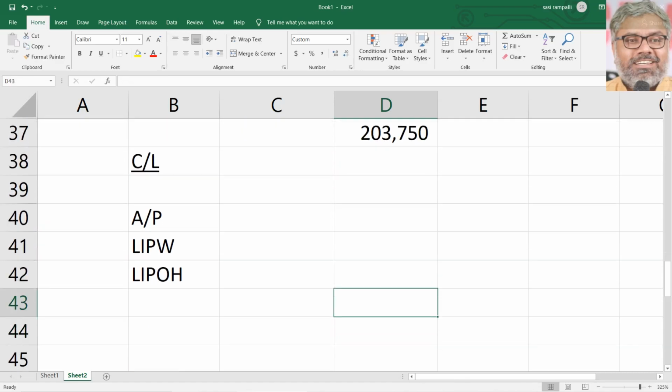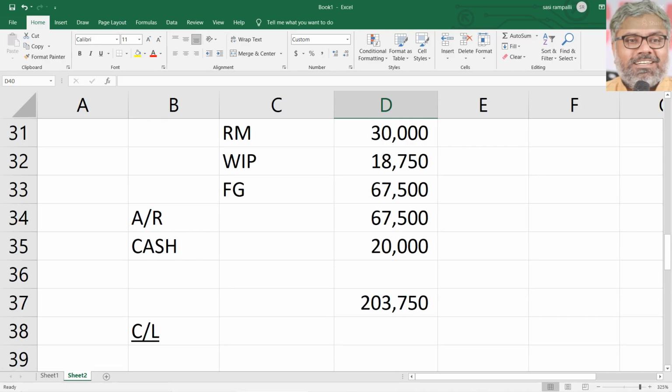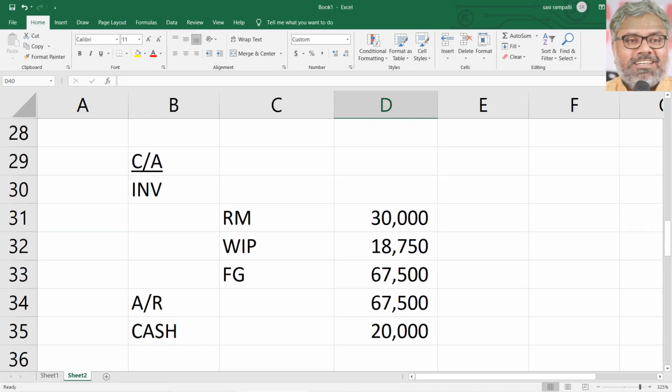Leave that apart. Then coming to the current liabilities, accounts payables. Credit allowed by creditors is 2 months from the date of delivery of raw material. So with 2 months, again, purchases and consumption are the same. Why? Since there is no fresh beginning of the company, it is an existing company.